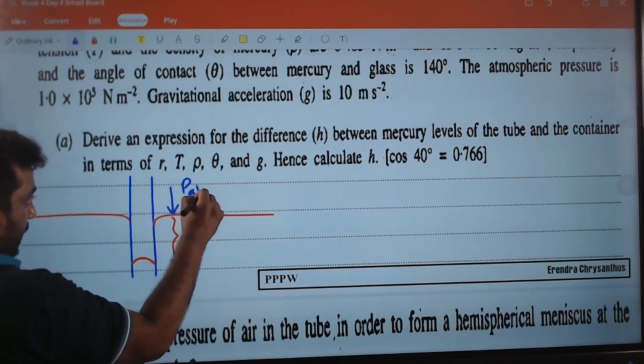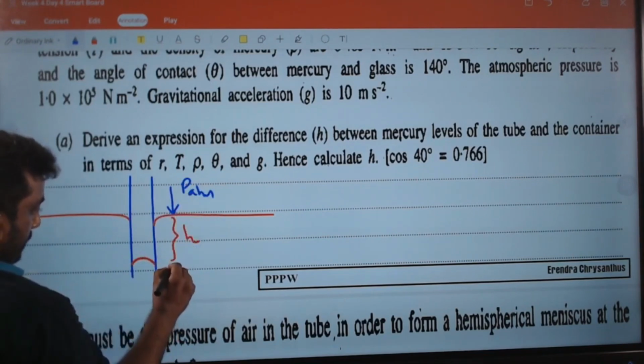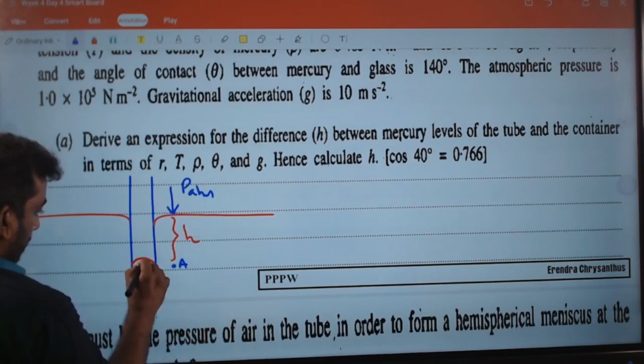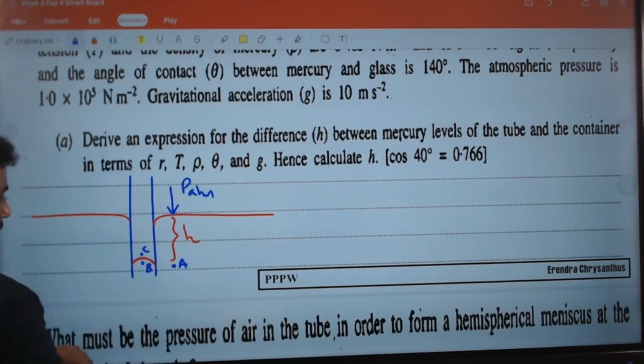Now, here is P atm, here A, here B. That's outside C, that's also atmospheric.